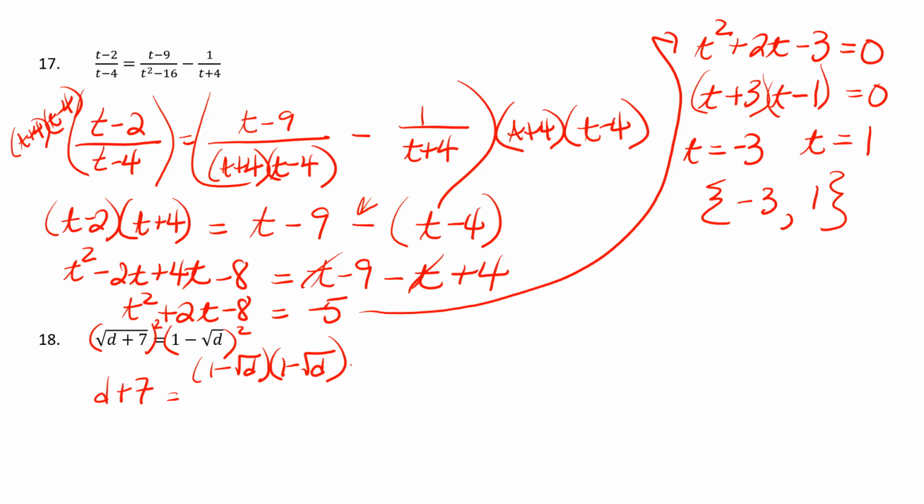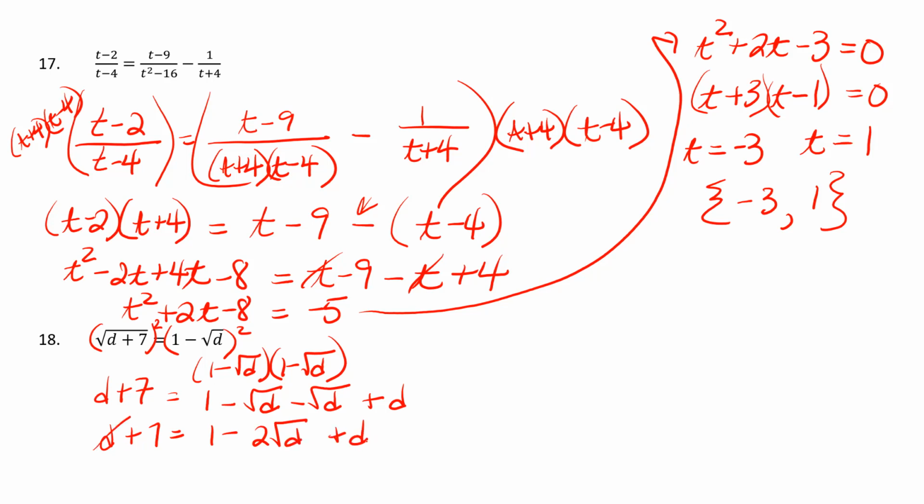It's 1 minus the square root of d times 1 minus the square root of d. 1 times 1 is 1. Square root of d times 1, it's going to be minus the square root of d. Another one, minus the square root of d, and then plus the square root of d squared, which is just d. So d plus 7 equals 1 minus 2 square root of d plus d.